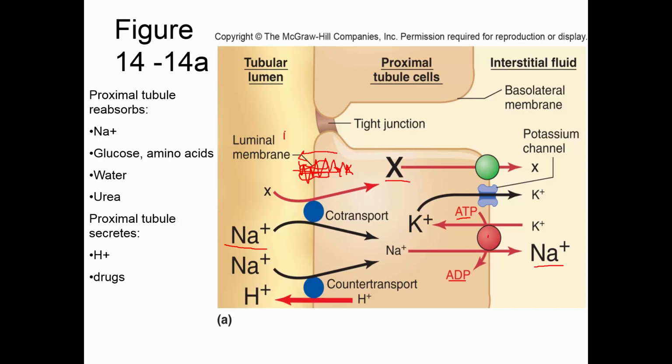But potassium could then come this way. Oh man, do I start this presentation over again or just admit that I made a boo-boo? Okay, so potassium could come in through the tight junctions, as well as calcium, as well as magnesium, as well as phosphate. There, I'll draw the whole thing, phosphate.